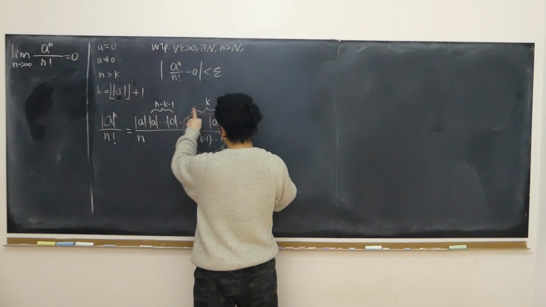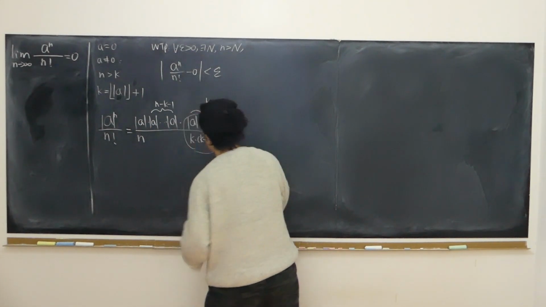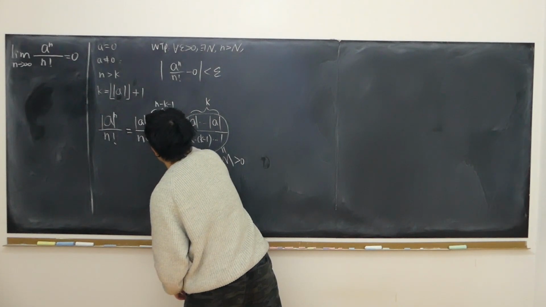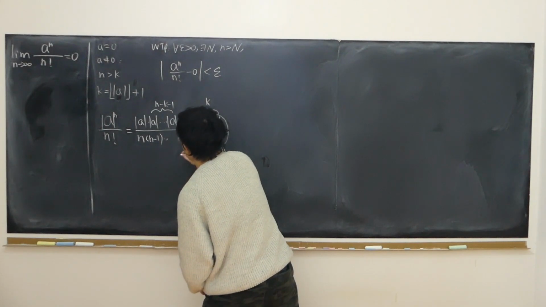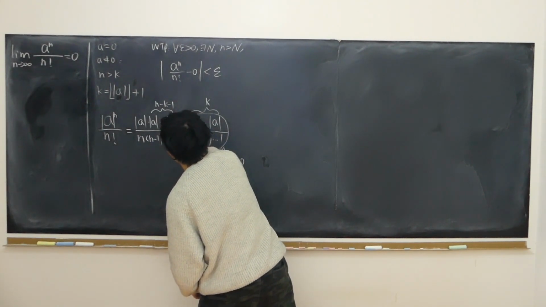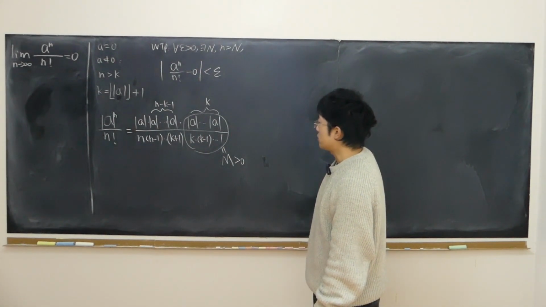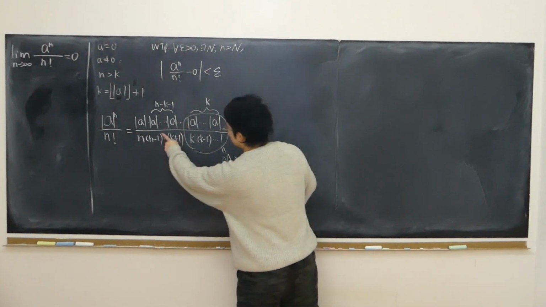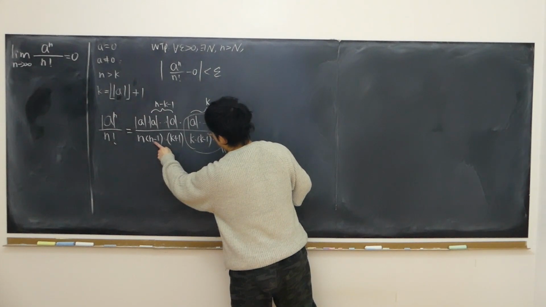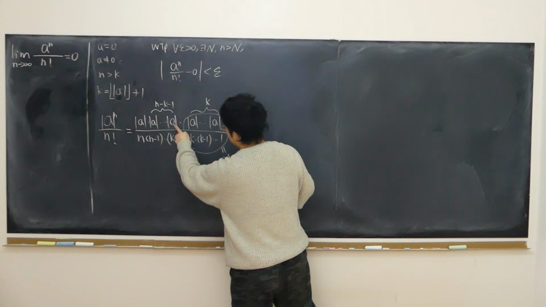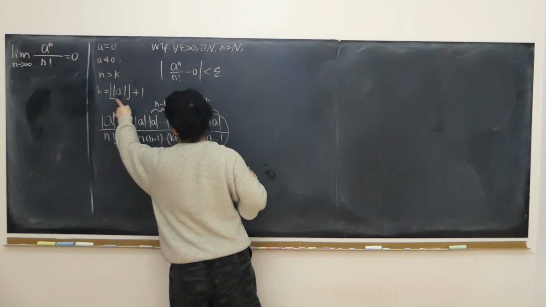So all in all, I still have exactly n of them. Down the bottom, I still have n times n minus 1, all the way down to k plus 1. Now, I just have to look at the absolute value of a over n minus 1, and so on and so forth, until the absolute value of a over k plus 1. Remember, k is large enough, larger than this value.